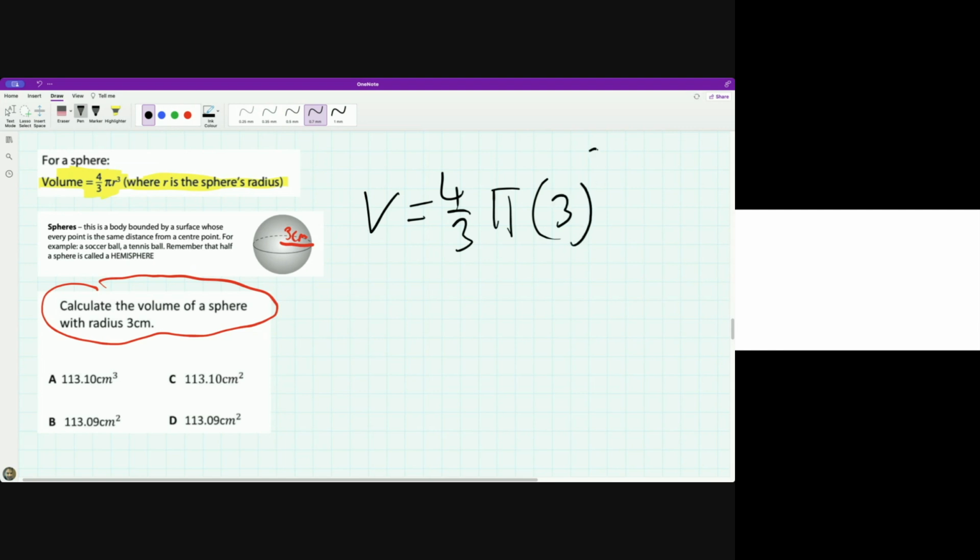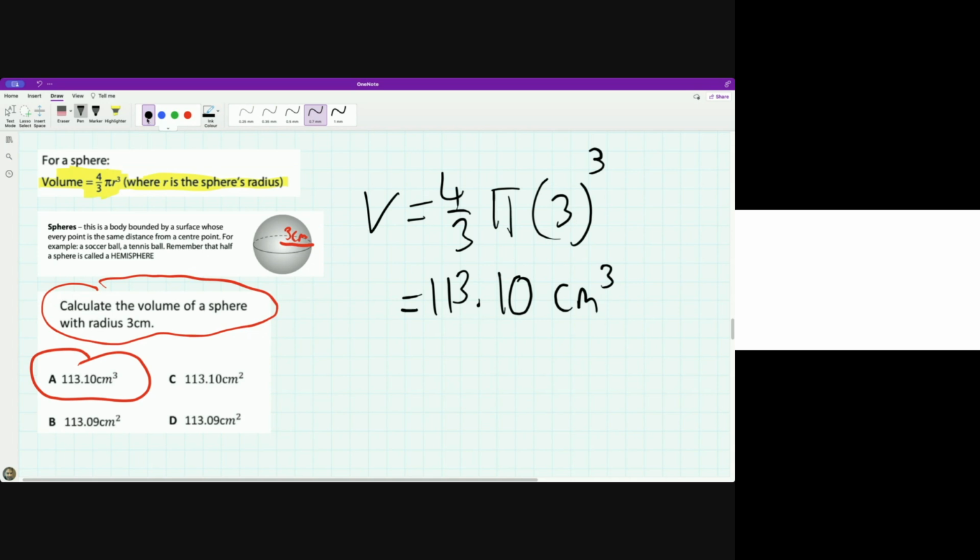And then that needs to be cubed. So my calculator says 4 over 3 times pi times 27, and I get 113.097, which would round to 113.10. And what's more, it's volume, so it would be centimeters cubed. So even though the other ones look tempting, the correct answer is A.